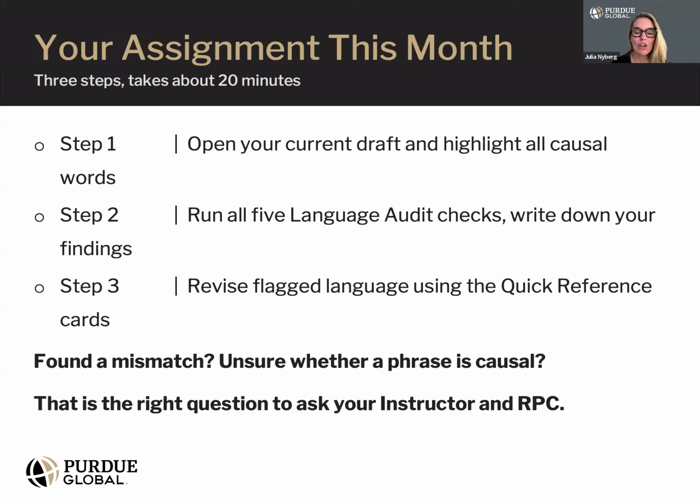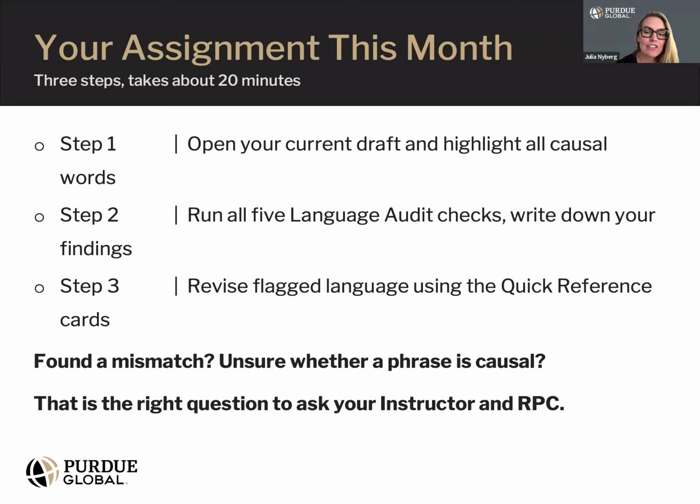Use this red zone list as your guide that I provided you this evening. Step 2, run the 5 language audit checks. Write down what you find for each check. Be honest with yourself. Discuss any findings with your instructor or RPC.